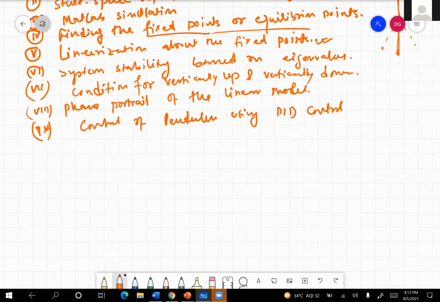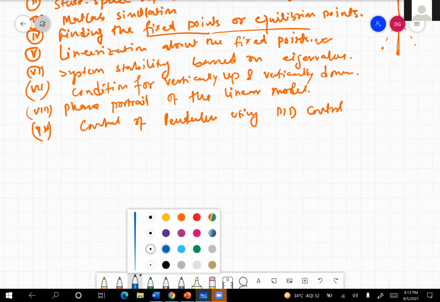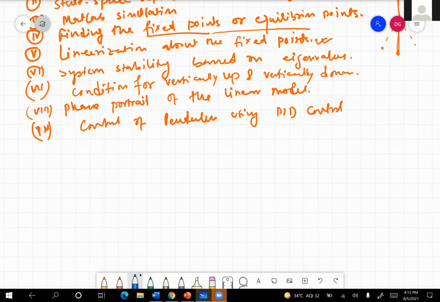So let me use a different color. If you use Newton's second law of motion, we can find the equation. I'm not going to describe how the equation of motion of the pendulum system came about, but let me write the equation of the pendulum system using Newton's second law of motion.